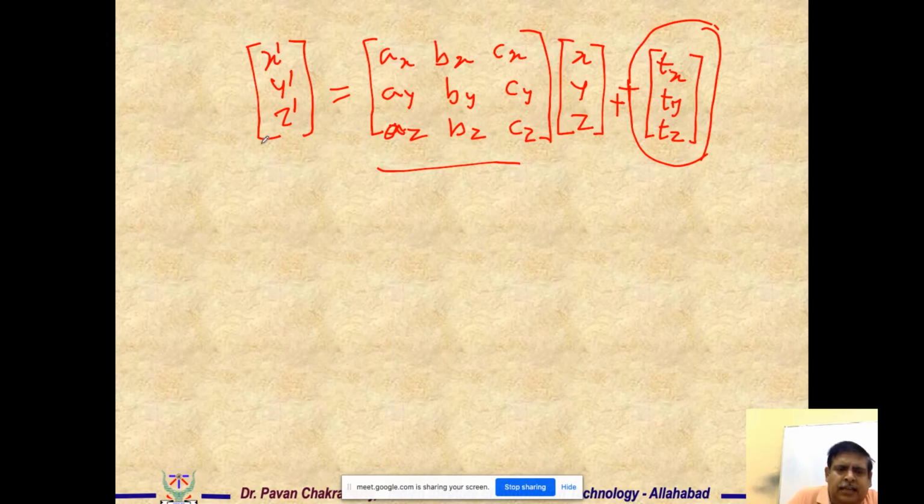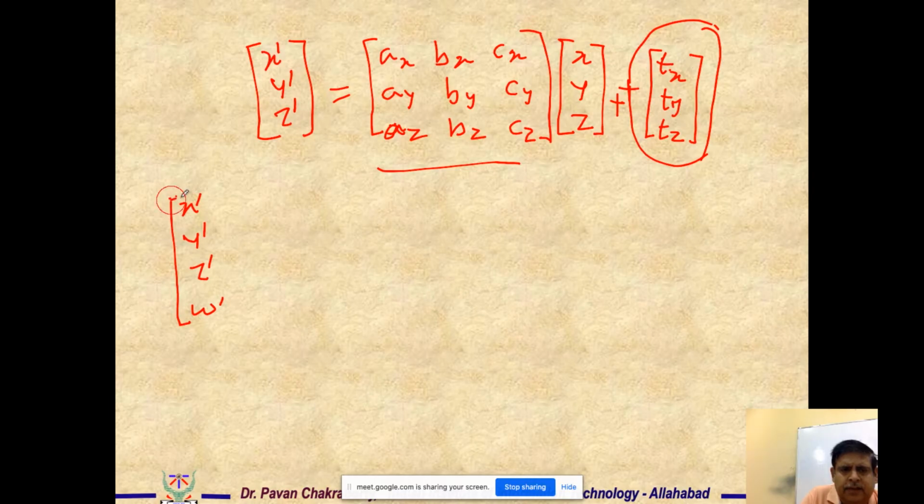I'll enlarge the dimension by one dimension. I'll call it x prime, y prime, z prime, and I will have here an additional dimension which I will call w prime. So this is my vector in 4 dimensions. I'm just adding one additional dimension to it.